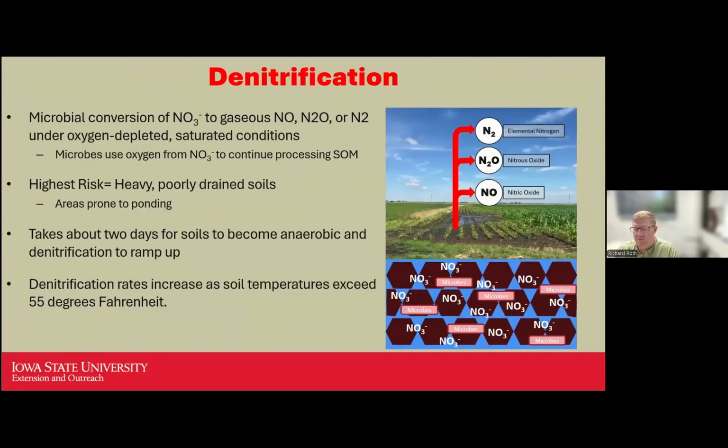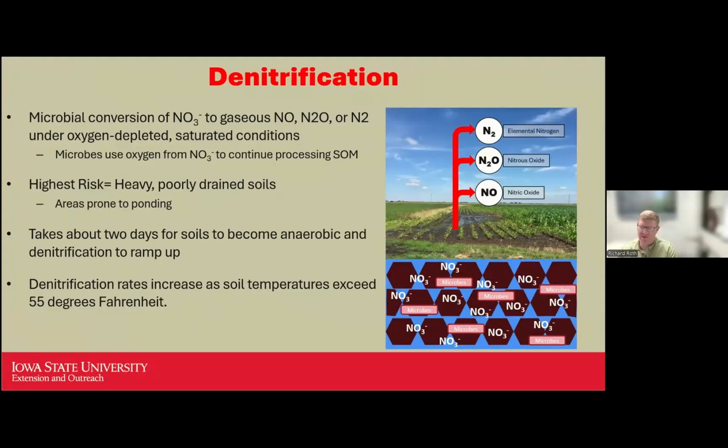The next loss pathway that I am going to talk about is called denitrification. This is the loss of nitrates to the atmosphere as nitrogen gas. It's going to happen the most in saturated soils.